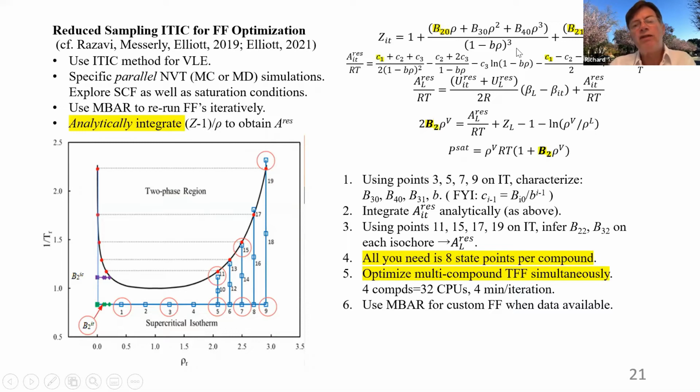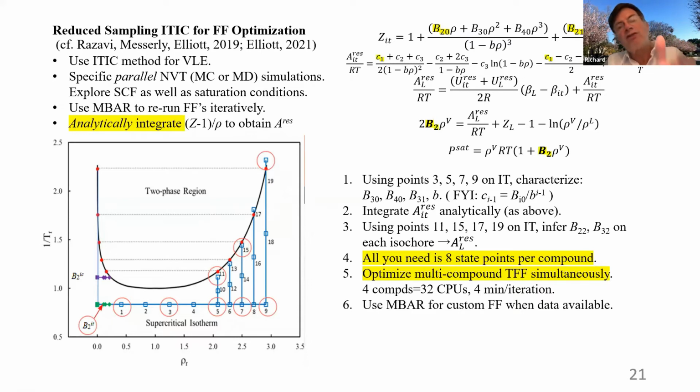And when you have the components of the second virial coefficient, you only have very few parameters left to infer on the isotherm and then on each one of these isocores. And so with this approach, we should be able to characterize the entire vapor pressure curve for each individual compound with just 8 state points. The beauty of that is we can now do 4 compounds simultaneously on 32 CPUs.